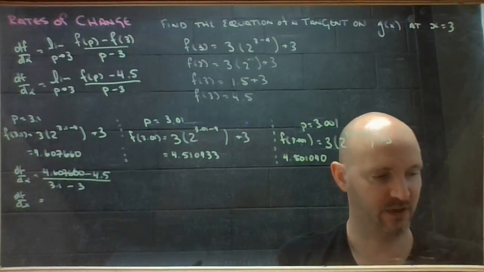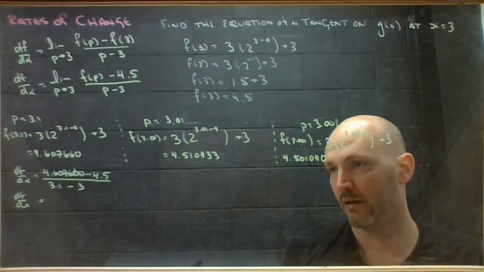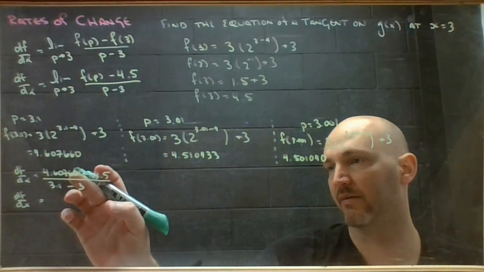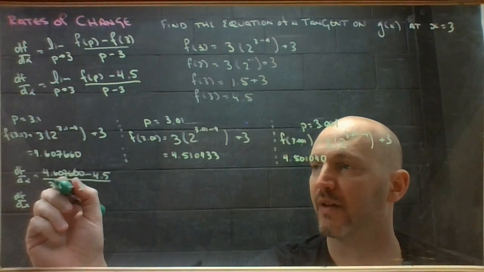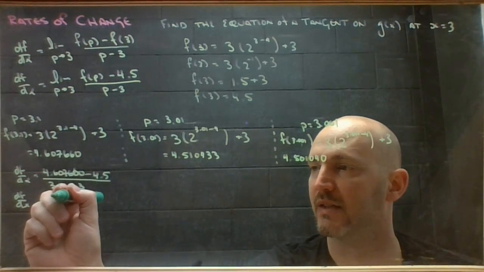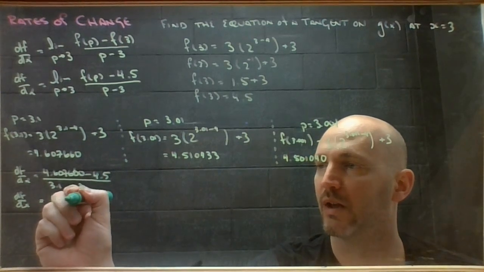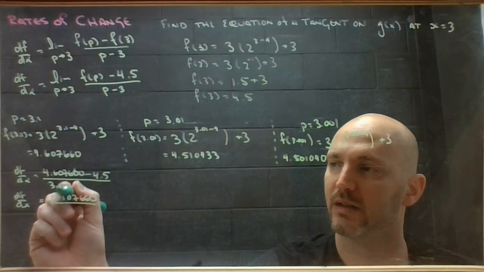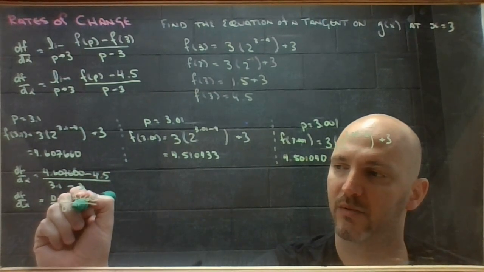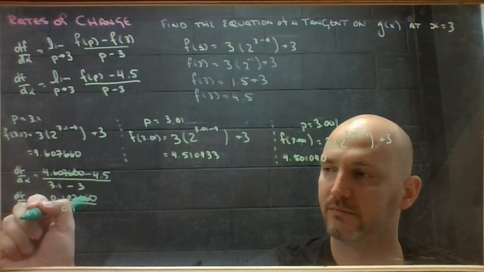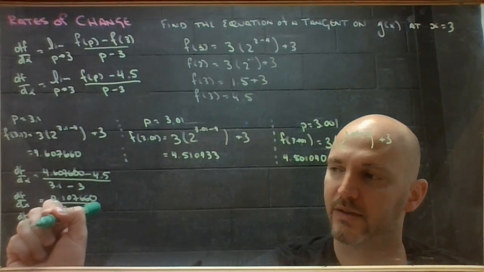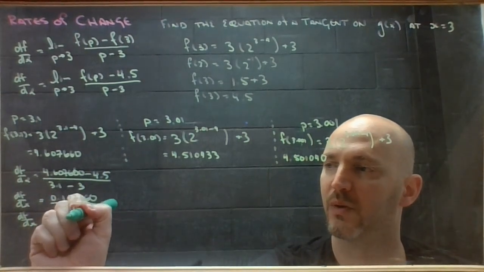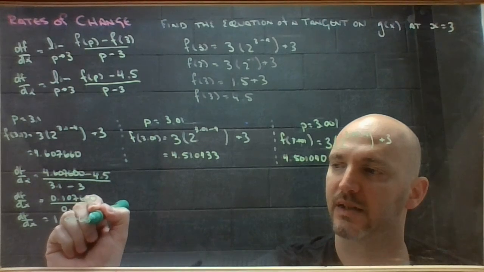All right, so 4.607660 subtract 4.5 is going to give me 0.107660. This minus that is 0.1 for a grand total of 1.07660.